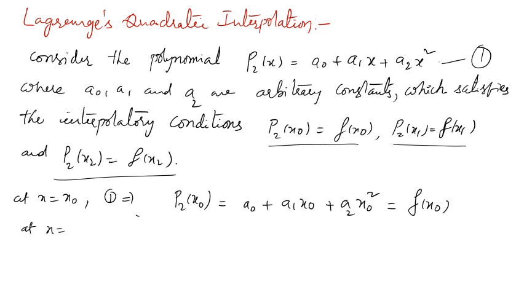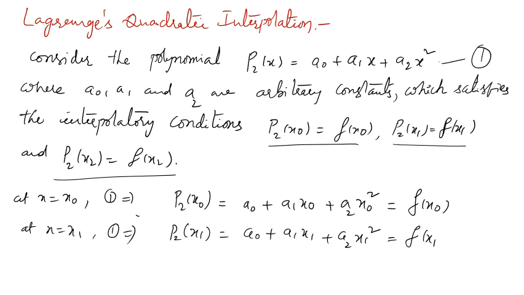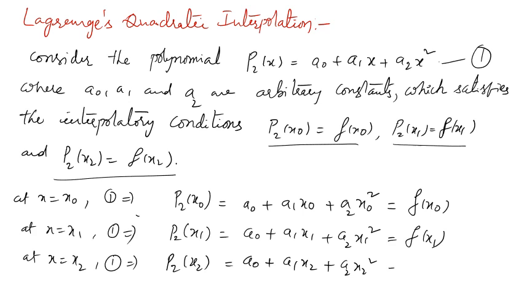At x equal to x1, equation 1 becomes P2 of x1 is equal to A0 plus A1 x1 plus A2 x1 square equal to f of x1. And the third one, at x equal to x2, equation 1 becomes P2 of x2 is equal to A0 plus A1 x2 plus A2 x2 square equal to f of x2.